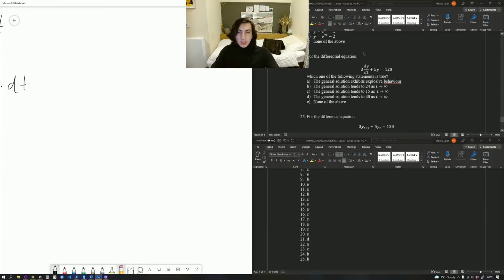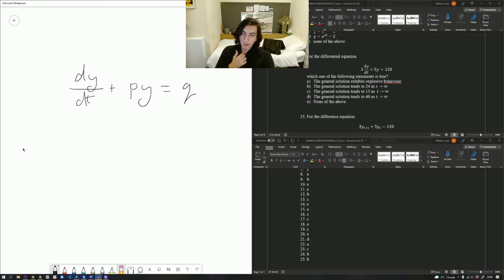Now for 24. So for this differential equation, I first of all want to rearrange it into the form I usually like. This form is dy dt plus some value of y equals some value q. If I want to do that here, I divide by 3 on both sides.